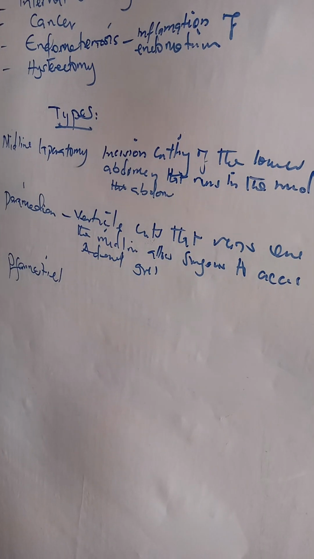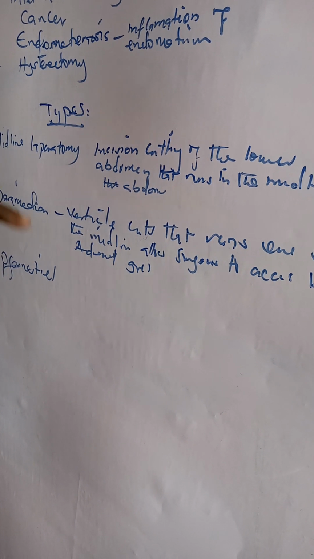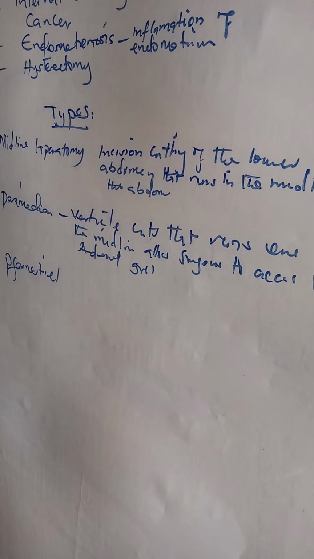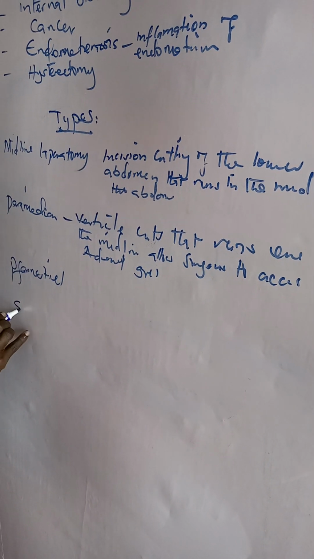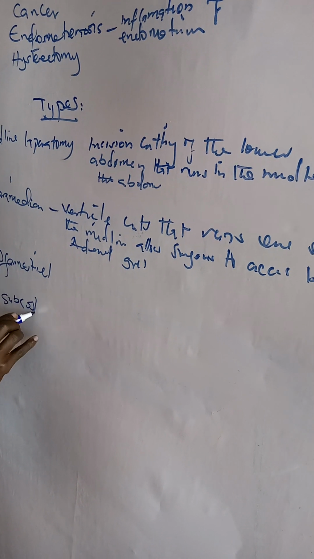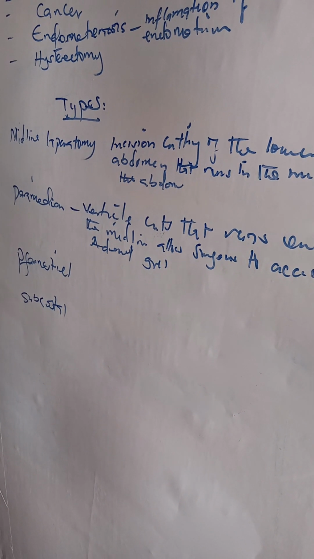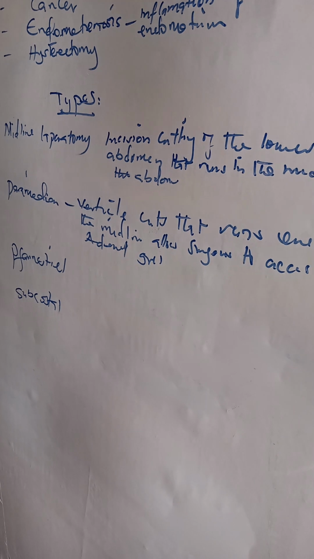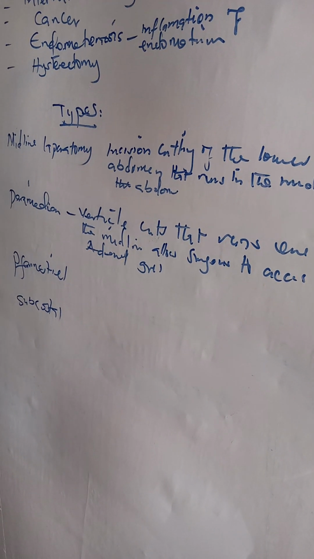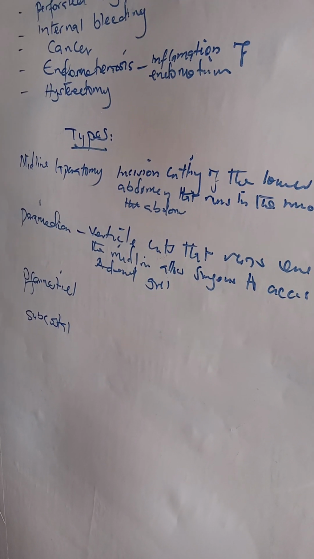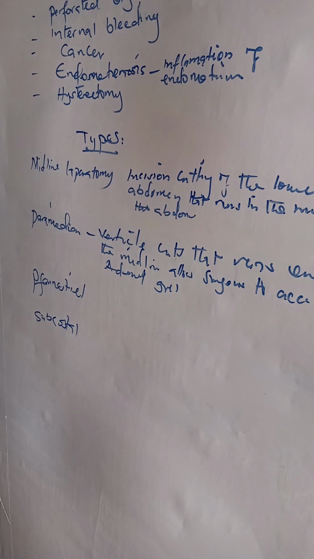Then, second last, we have subcostal laparotomy. Subcostal laparotomy is a diagonal cut across one side of the upper abdomen. It is used to access the gallbladder.